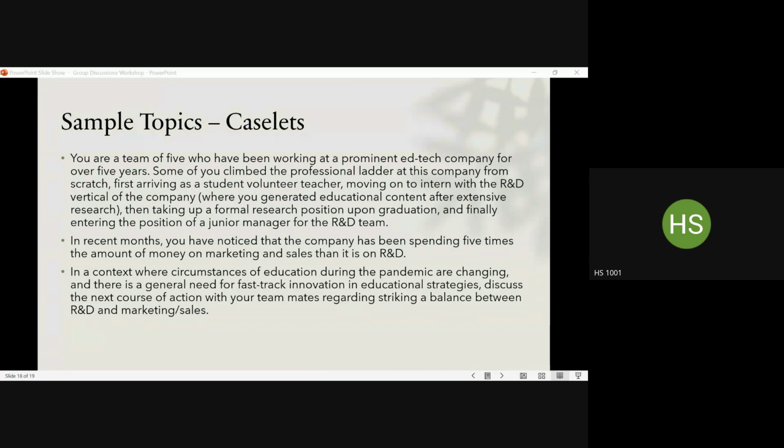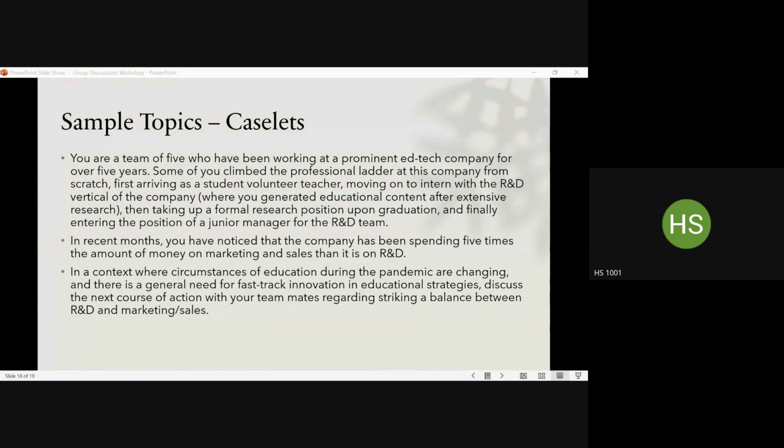So you cannot be technologically backward if you are an edtech company. So you need to convince your team to put in more resources into R&D or to balance the expenditure that is used for R&D and marketing. How would you do that? Give me 1 or 2 arguments, 1 or 2 points by which you can say R&D is just as important.